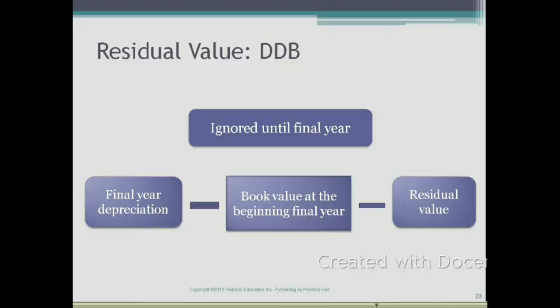In that 5th year, you're going to take the book value at the beginning of the final year, which is the book value at the beginning of the 5th year, and then you subtract your residual value, and that gives you your final year's depreciation. Again, you ignore the residual value until the final year. In the final year, you take your book value and subtract your residual value, and that gives you your final year's depreciation expense.